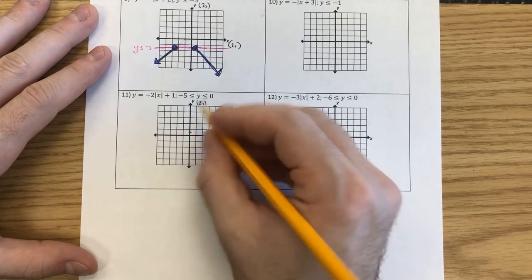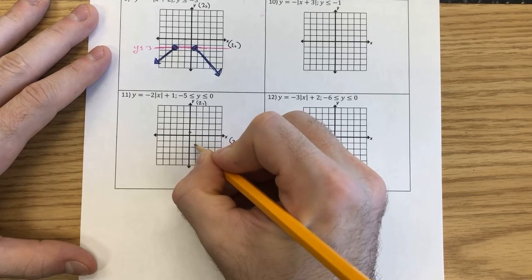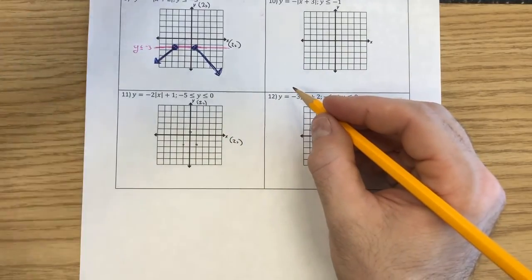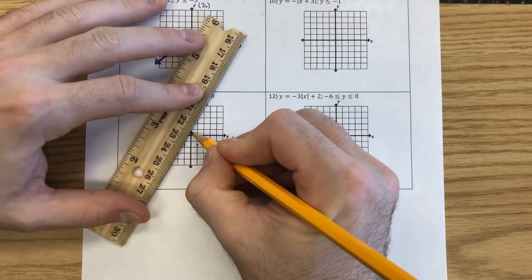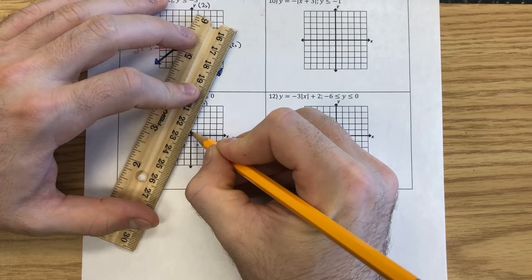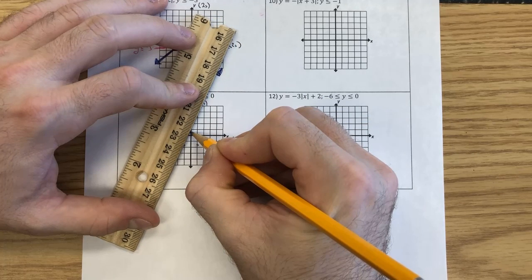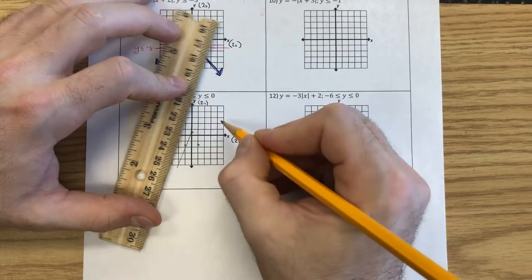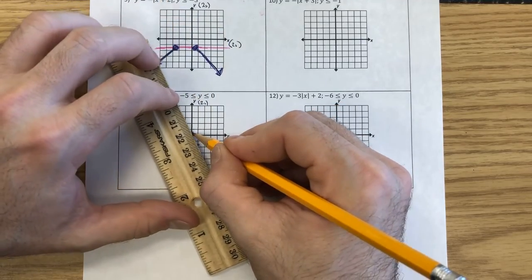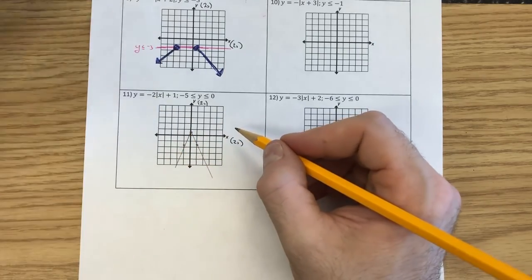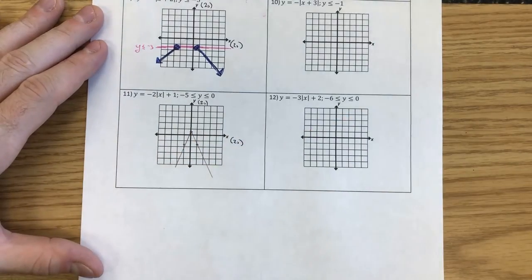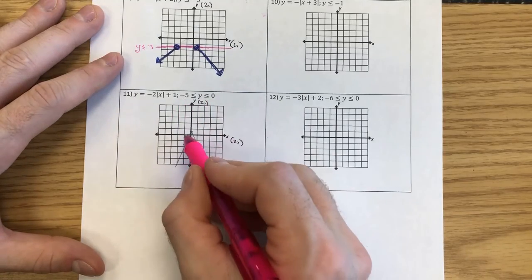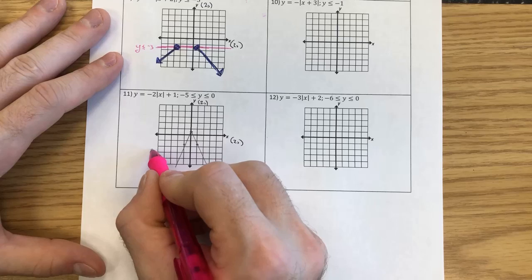So up 1, I go down 2 over 1, and I go ahead, and when I graph this, because I'm graphing at in-between points, I have that. I'm going to say I want it between -5 and 0. So 2, 4, 5.